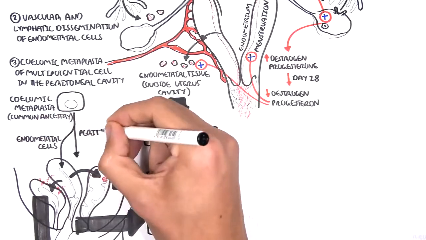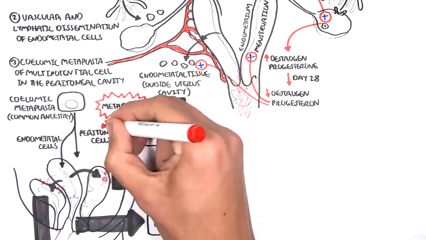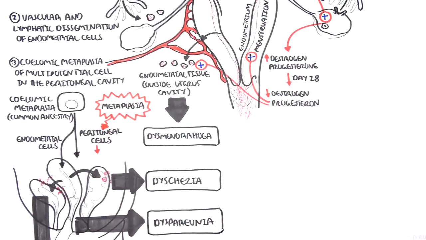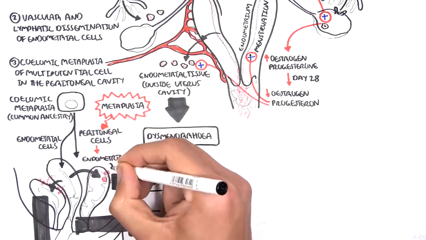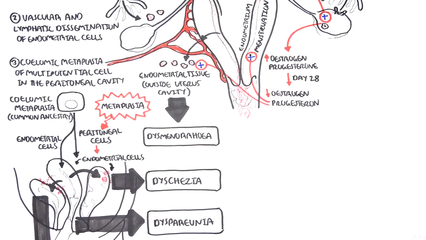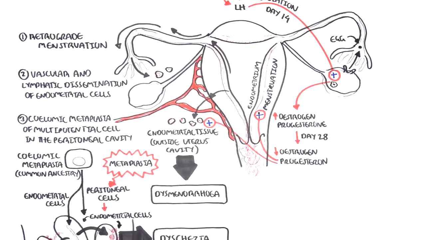However, here the coelomic cells undergo metaplasia and it actually causes these cells to transform into endometrial cells. But these cells are not present in the uterus. Rather, they become present outside the uterus.